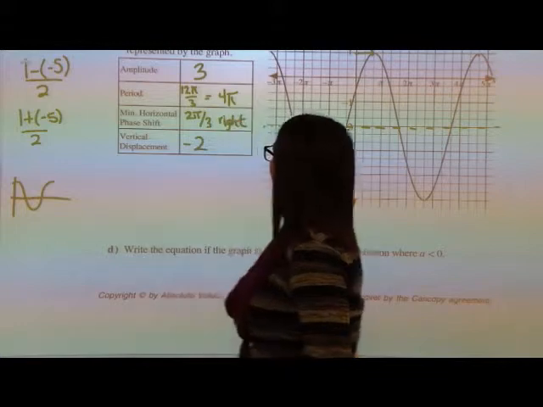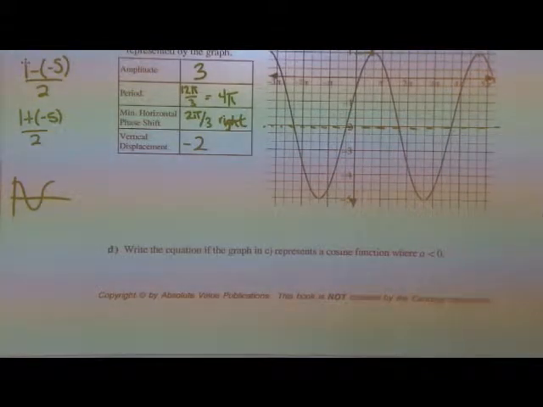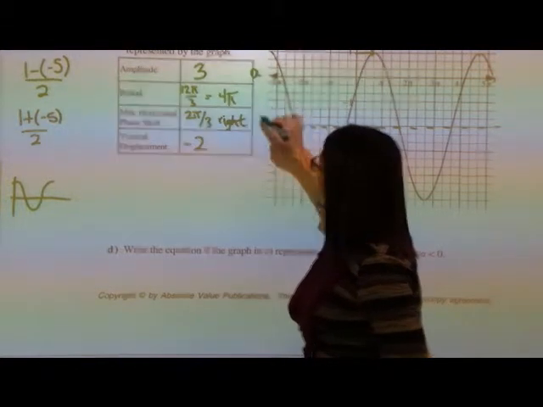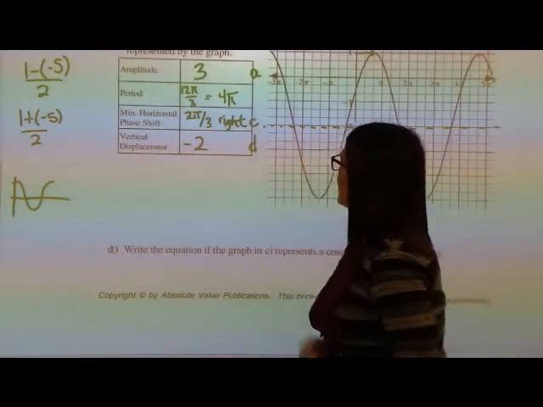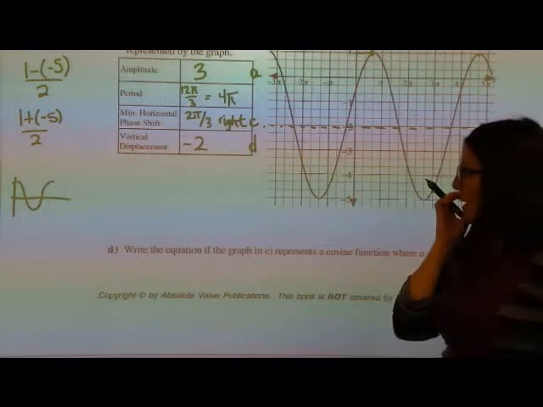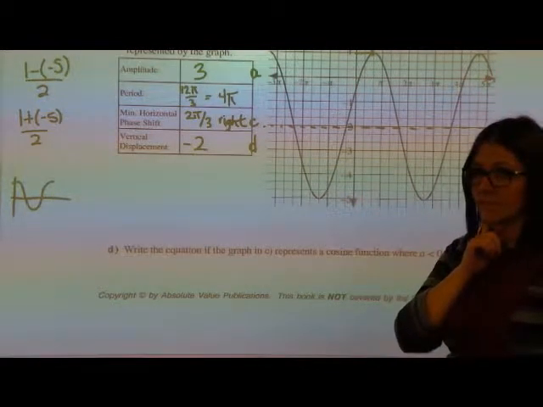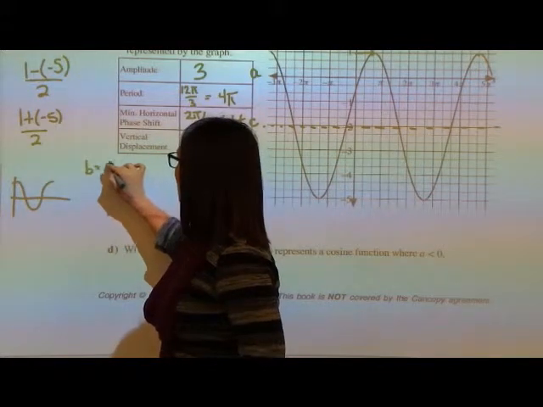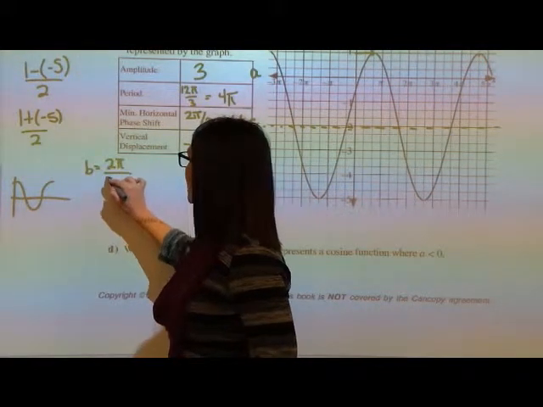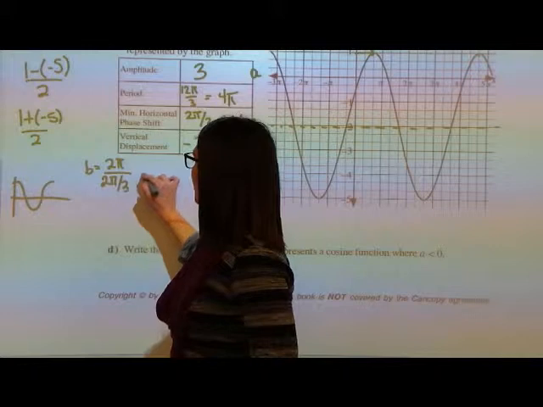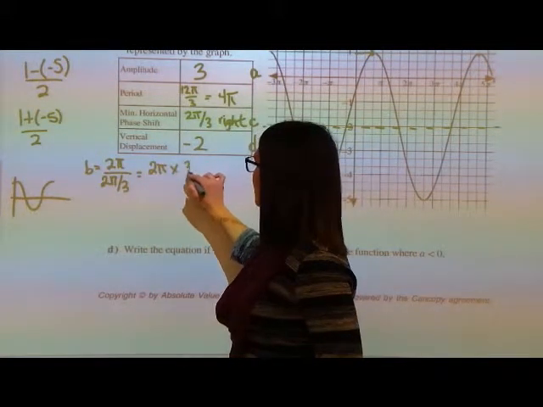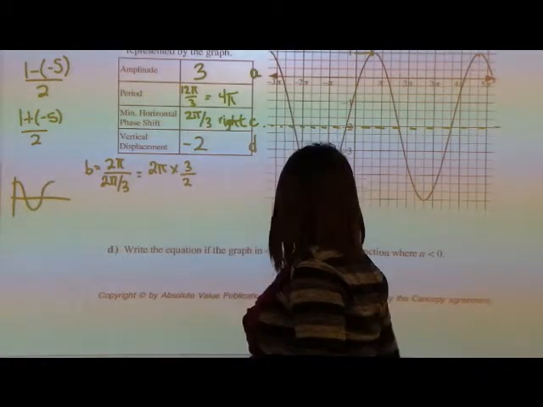Okay. So now when I go to write this into my form, I know that this is the value of A, I know this is C, and I know this is D. How do I figure out B? 2 pi. Okay, so B is equal to 2 pi over the period, which was 4 pi. Oh, sorry, 4 pi, wrong one.